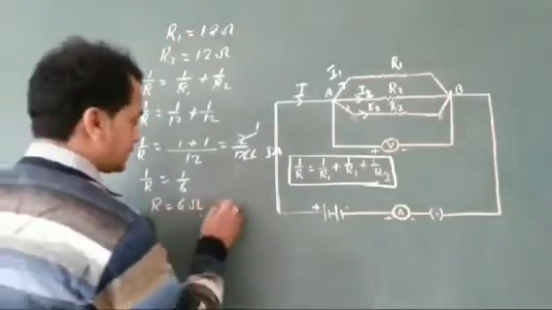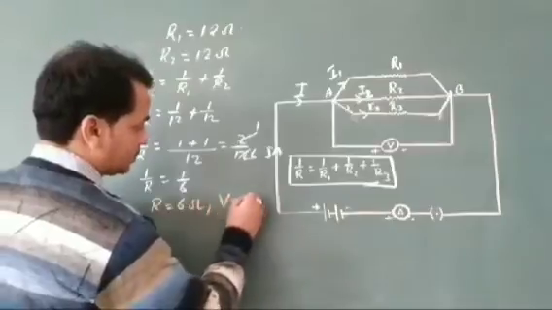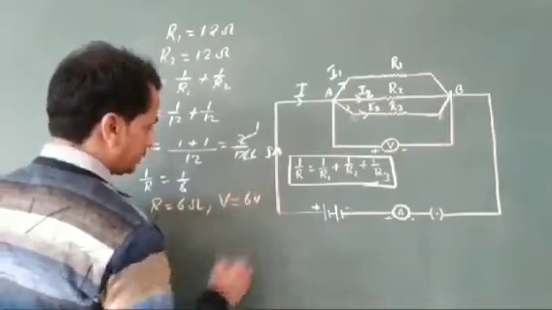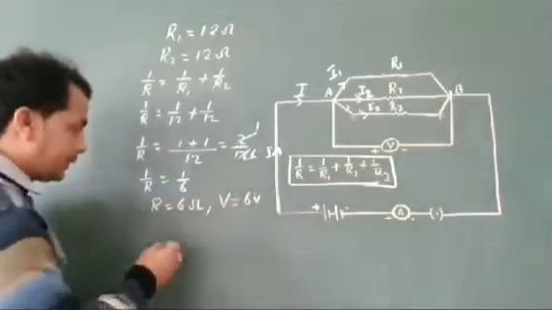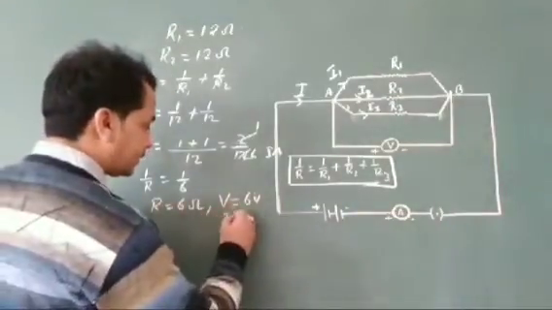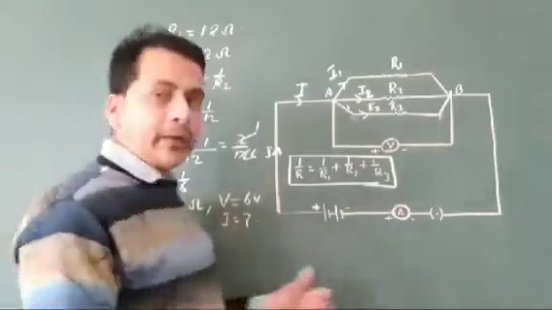The potential difference here is 6 volt. So what is the electric current here? Apply Ohm's law.